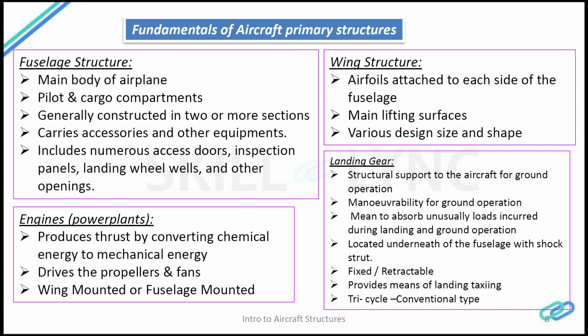There are cutouts for the passengers, which we call windows. Then there are some emergency cutouts where the emergency doors are fixed, and a few other access doors that are used mainly for ground maintenance.